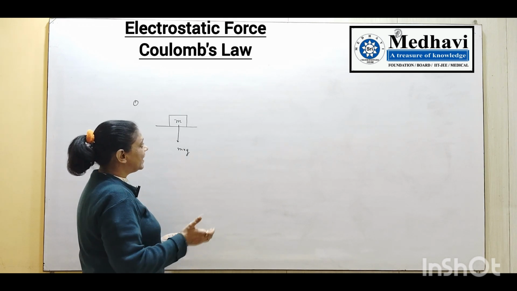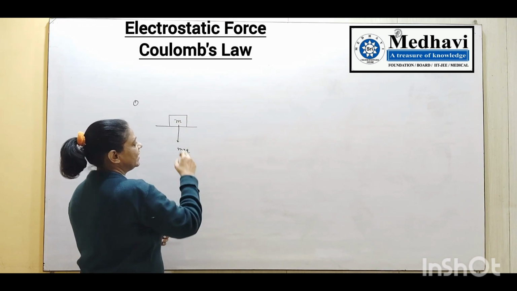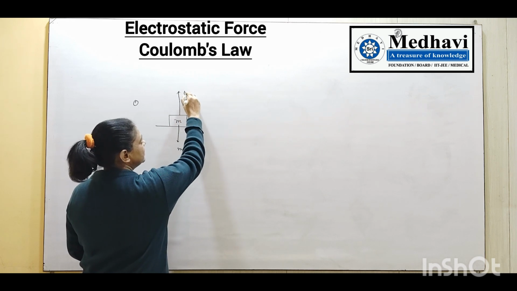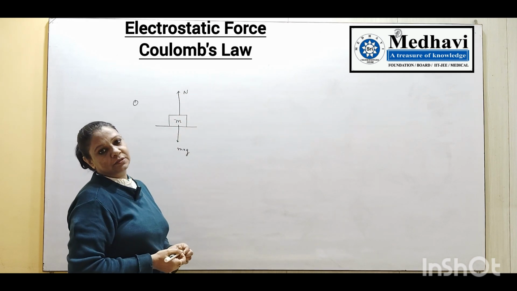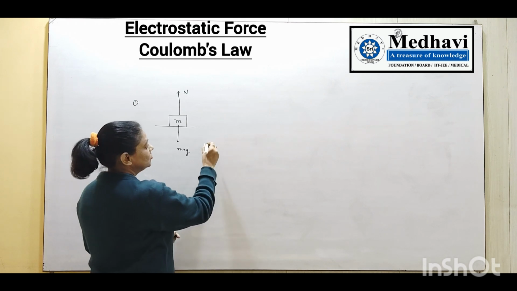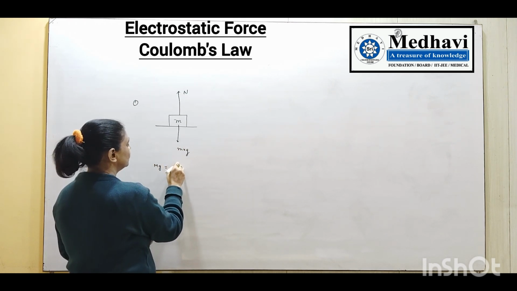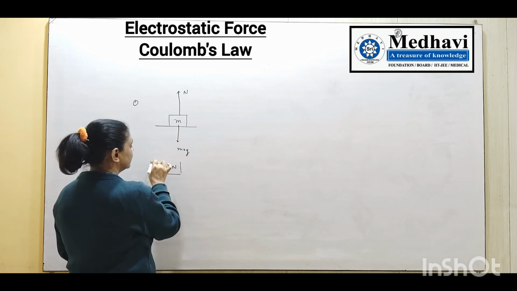In response, the body will press on the surface, so another force will be produced, that is the normal force. Very, very important. So we can say that force of gravity is equal to the normal force. First point.